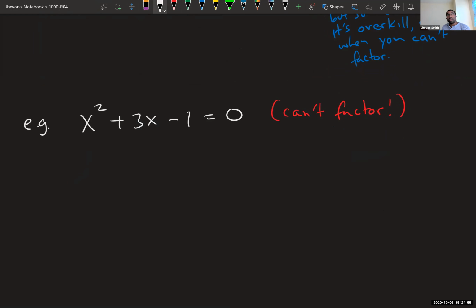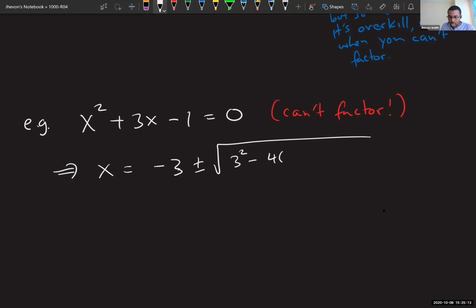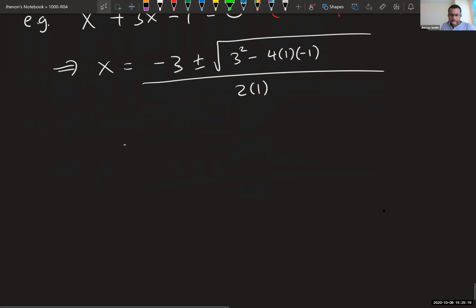So we would try something like the quadratic formula, because I can't think of two numbers that multiply to give -1 and add to give +3. So I would immediately jump into x equals minus b plus or minus the square root of b squared minus 4 times a times c, all over 2a. And then I would get -3 plus or minus the square root of 9 plus 4.